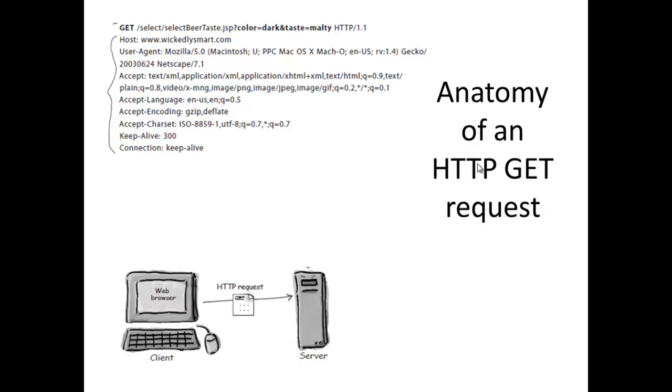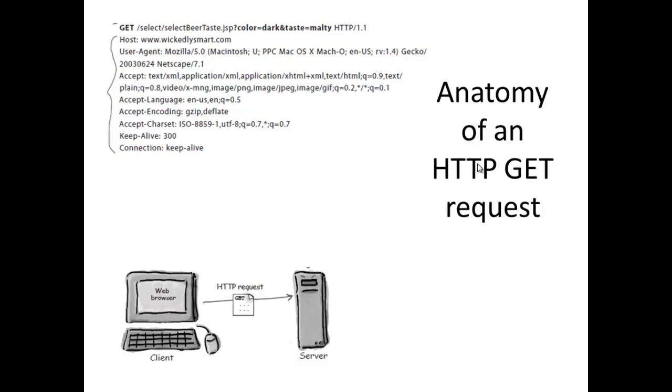So let's be a little bit more detailed and get the header of an HTTP GET request. This is the GET request. You see how it is GET, the command. It is the path to where the application is.